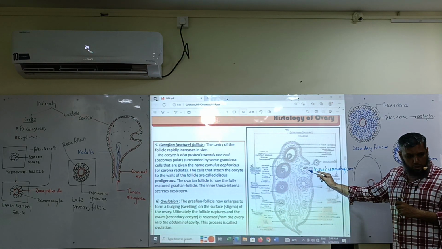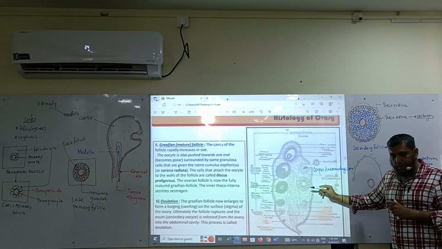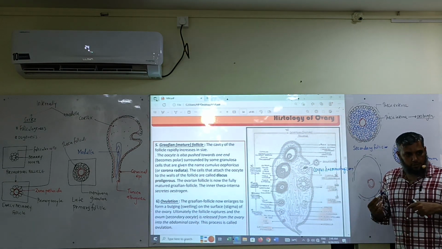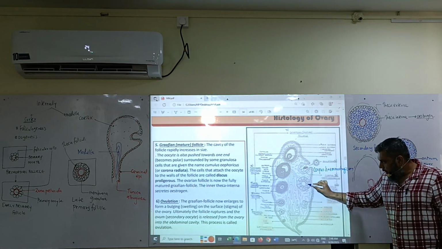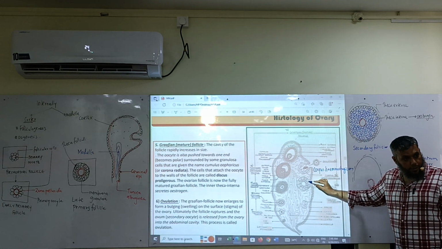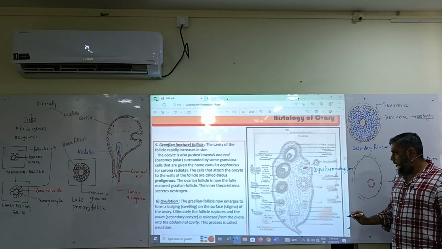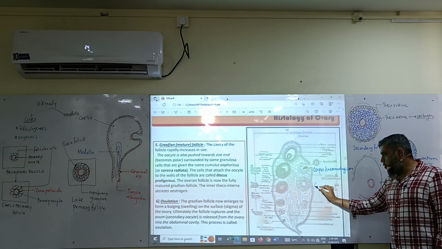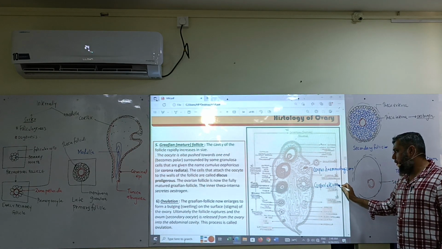Corpus hemorrhagicum heals itself. मतलब अभी वो देखो क्लोज हो गया और अंदर देखो सेल्स फॉर्म हो गए, and they have a yellow color protein called lutein, resulting in the formation of a new structure which is called the corpus luteum.